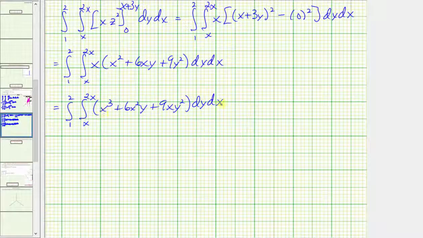And now we integrate with respect to y, treating x as a constant. So we're going to have x cubed y plus 6x squared times y squared divided by 2, or 1/2 y squared, and then plus 9x times y cubed divided by 3.